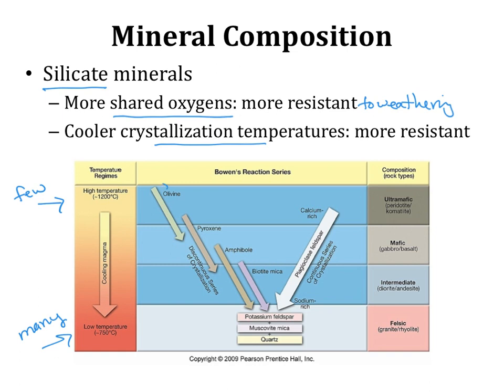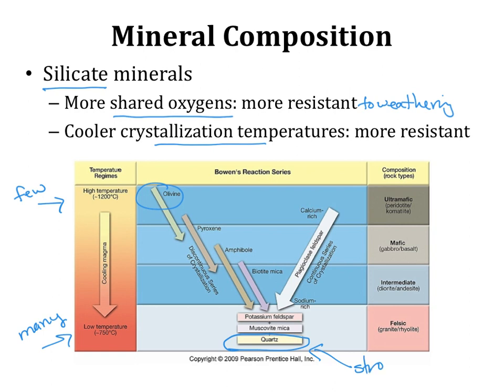So remember, olivine in particular was just individual tetrahedra, no shared oxygens at all. Quartz is down here at the bottom with lots of shared oxygens and very cool crystallization temperature compared to other minerals. So this is why it's so resistant.